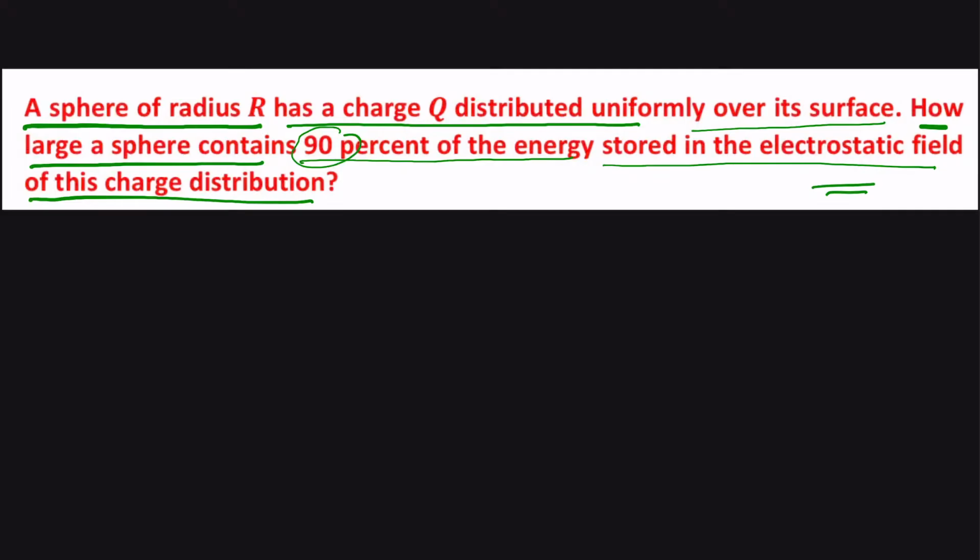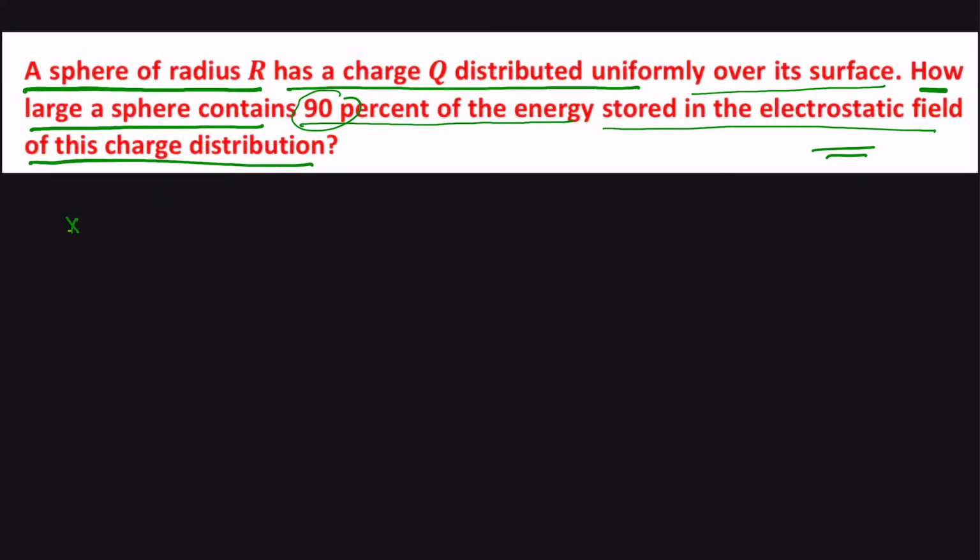So we are given a spherical shell, okay, and its radius is given to us as R, and the charge that is distributed over the surface is given as q.